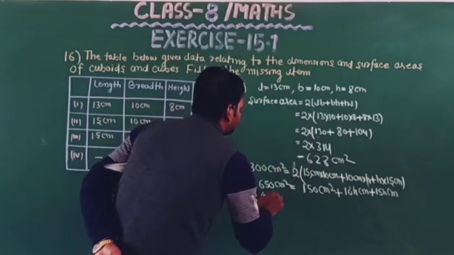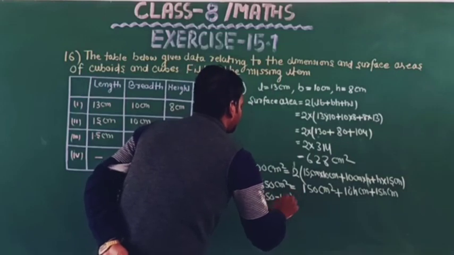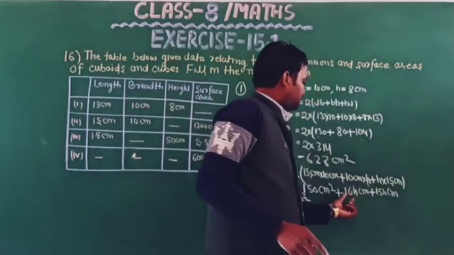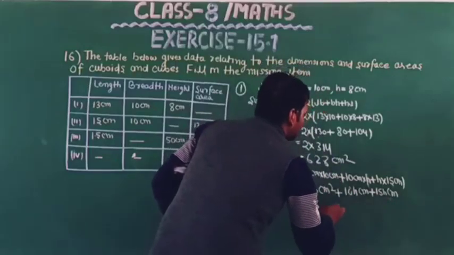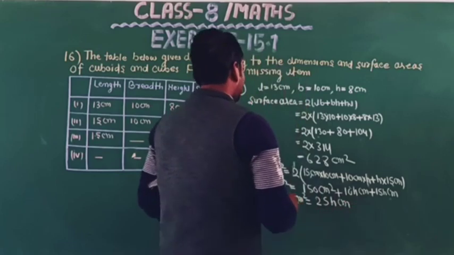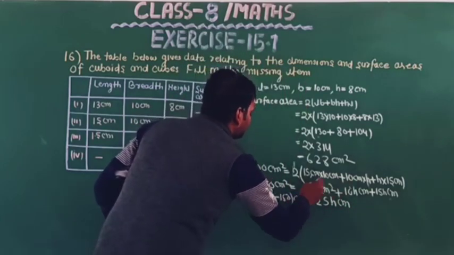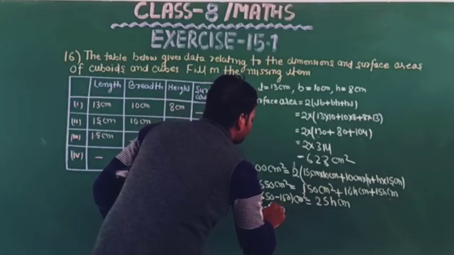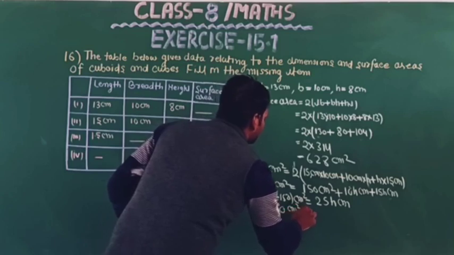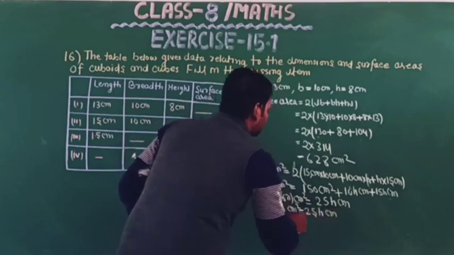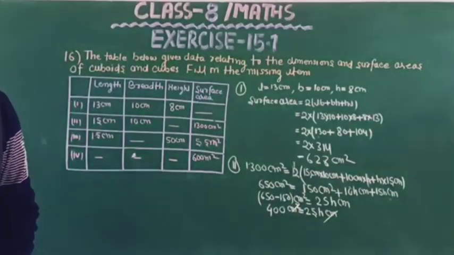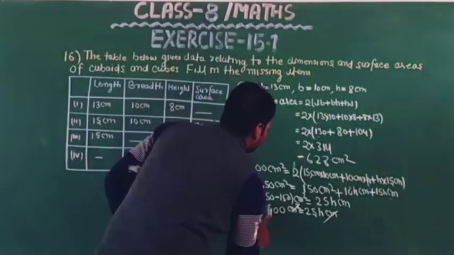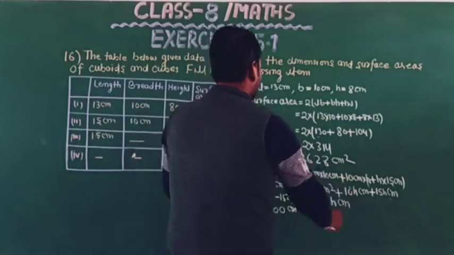So 650 minus 150 centimeter square is equal to 10 H plus 15 H. After adding these quantities, we will get 25 H. Now subtract 150 from 650, so we will get 500 centimeter square equal to 25 H centimeter. We cancel one centimeter, and this is 500.